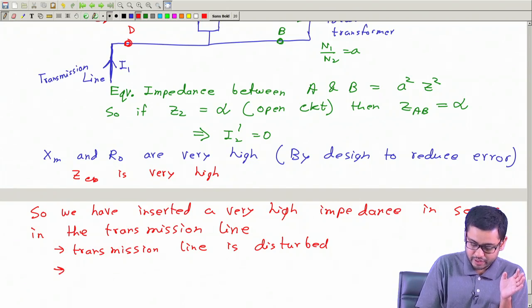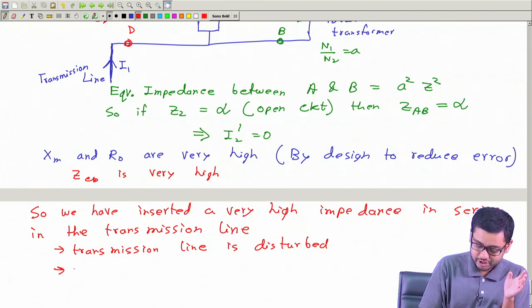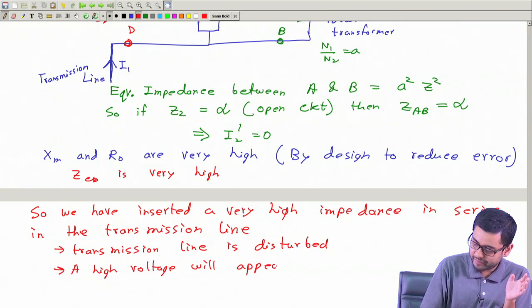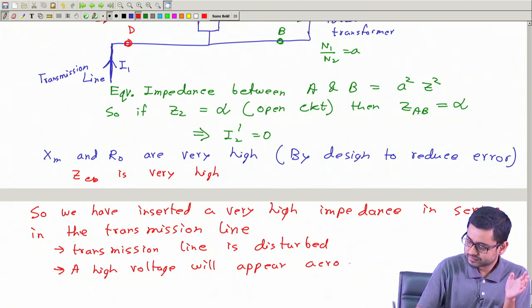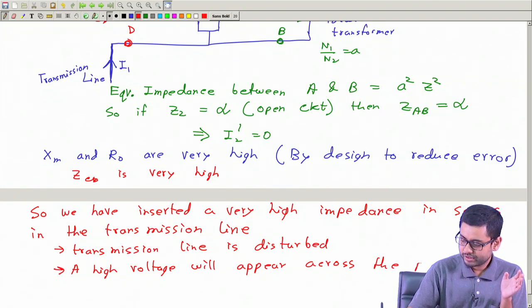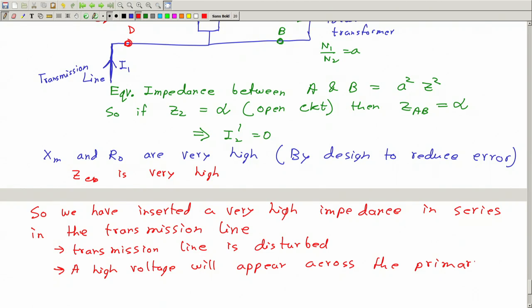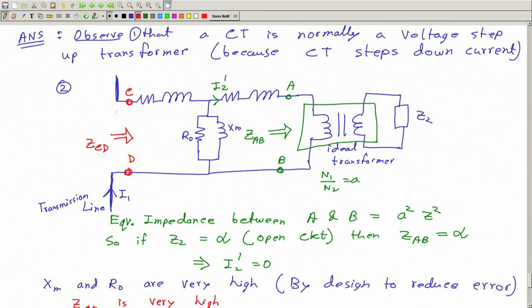But next thing, what will happen? A high voltage will appear across the primary. Why? Because this is a transmission line which is carrying a high current. So a high current transmission line, now a high impedance is inserted, high current times high impedance is a high voltage.